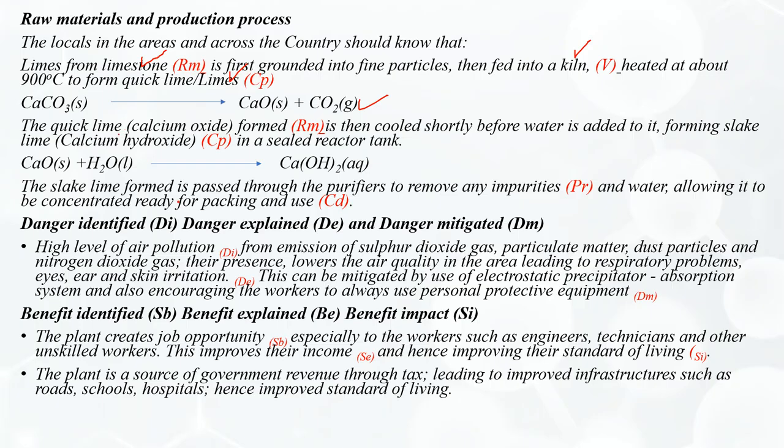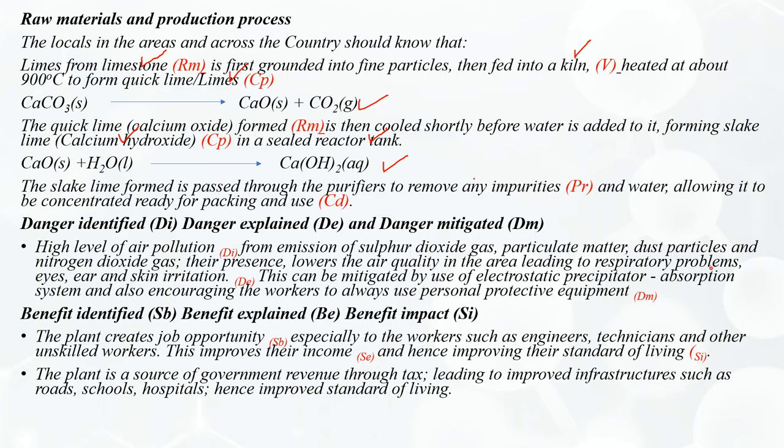That is a chemical process. It is forming a new compound in a sealed reactor tank. Now the sealed reactor tank, that is the vessel, and then you can also include the equation. Then the slaked lime formed is passed through the purifiers to remove any impurities.